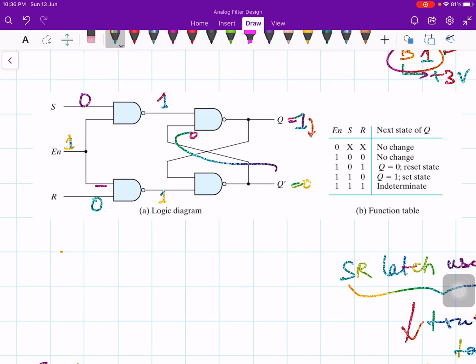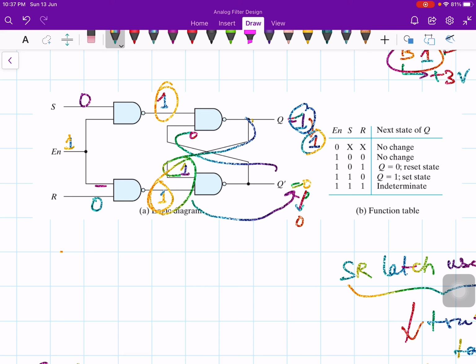So it changes from 1 to 1. Now this one is coming back here. Both inputs are 1, so the output will be 0. So it moves from 0 to 0. There is no change. Previously it was 1, and after applying the inputs 1 1 1, it is still 1. Previously it was 0, now it stays 0. Therefore no change. Second row is over, cleared.